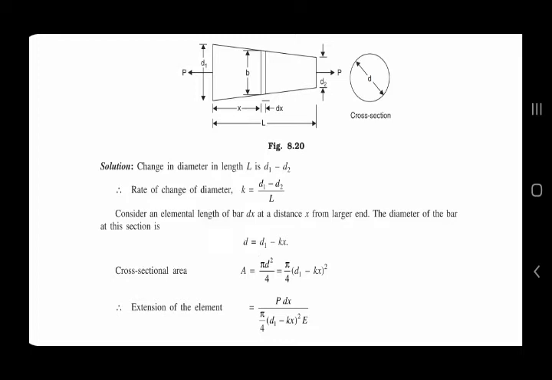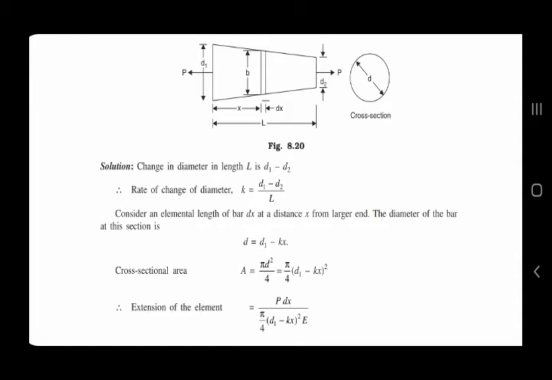Now to find the extension of the total bar over the length L, the deformation delta will be equal to the integral from 0 to L of P dx upon pi by 4 into (D1 minus Kx) whole square into E. If you integrate this, the load is constant, so we have 4P upon pi, and E, the Young's modulus of elasticity, is again constant, times the integral from 0 to L of dx upon (D1 minus Kx) whole square.